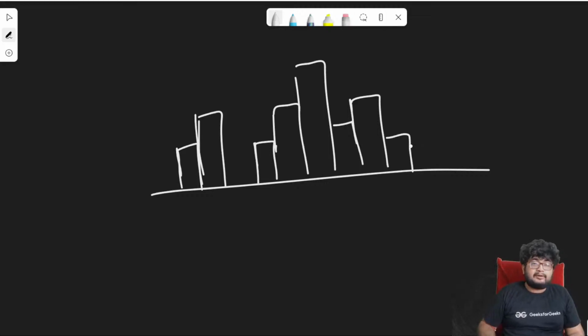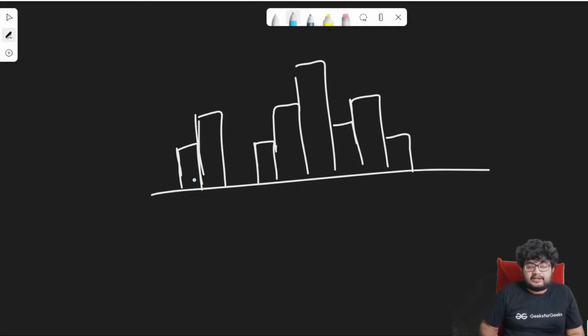So what is the amount of rain that you can store? We can store rain. But what we'll do is, for every block, instead of directly trying to find the total amount of rain we can store, we will try to find the amount of rain that we can store on top of that block.